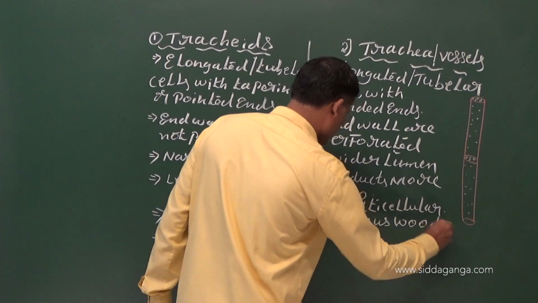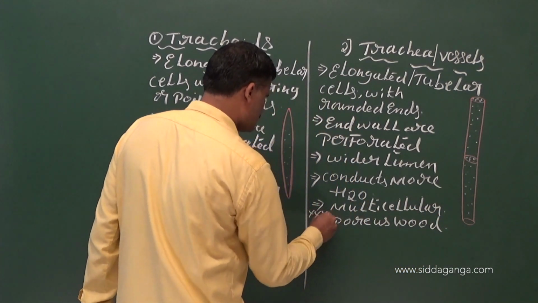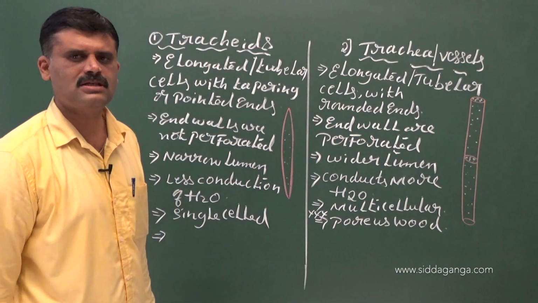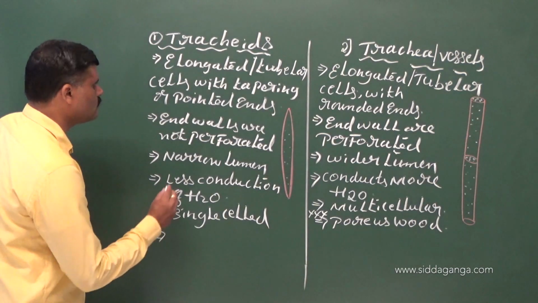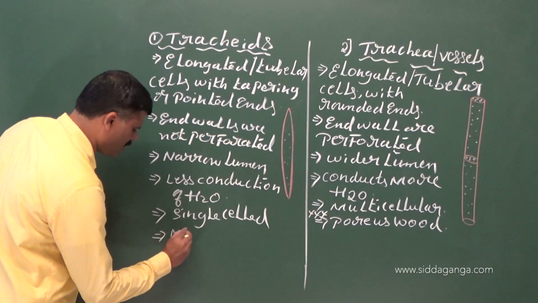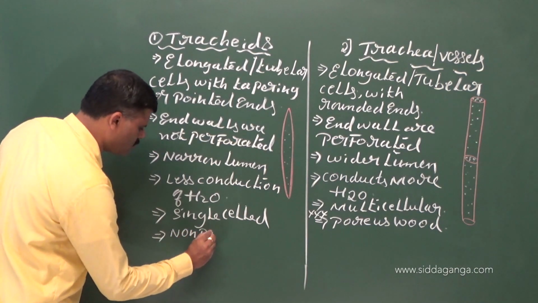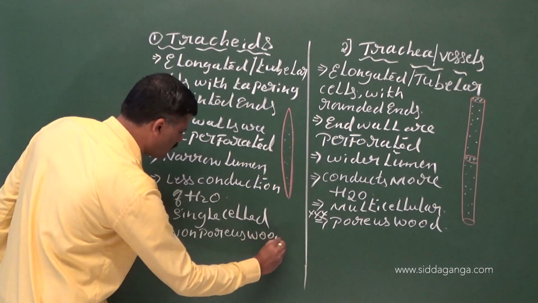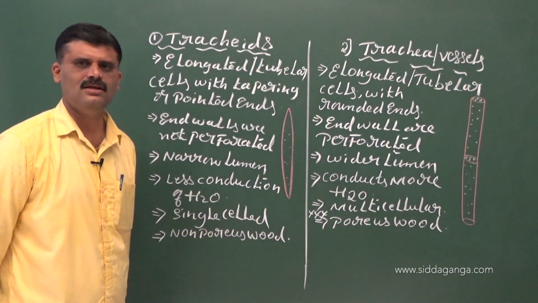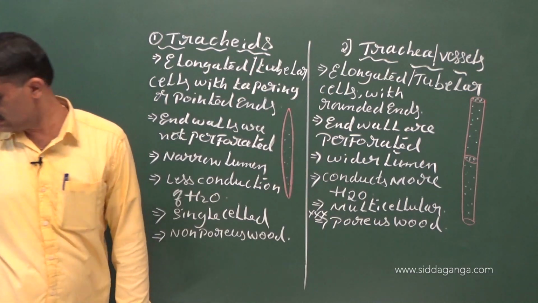Very important for competitive exams, especially NEET, porous wood is trachea or vessels, whereas tracheids are called non-porous wood.